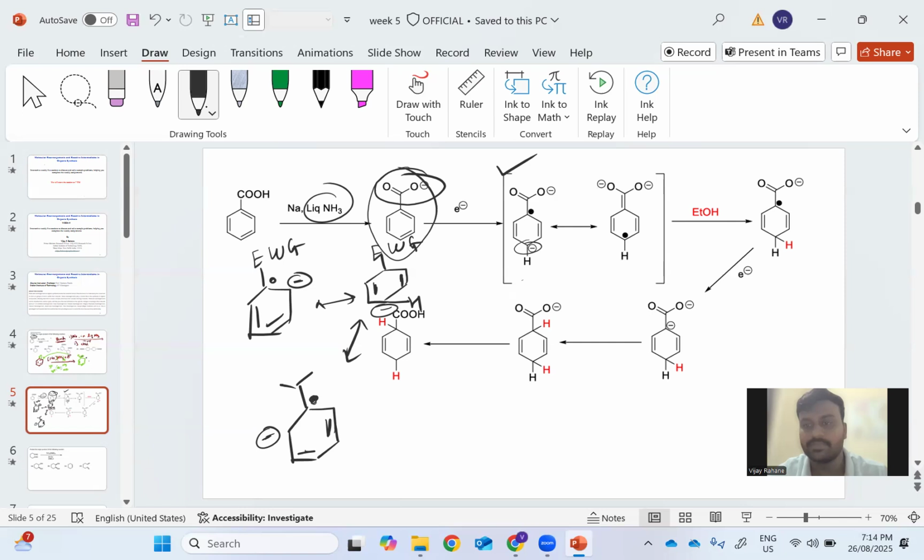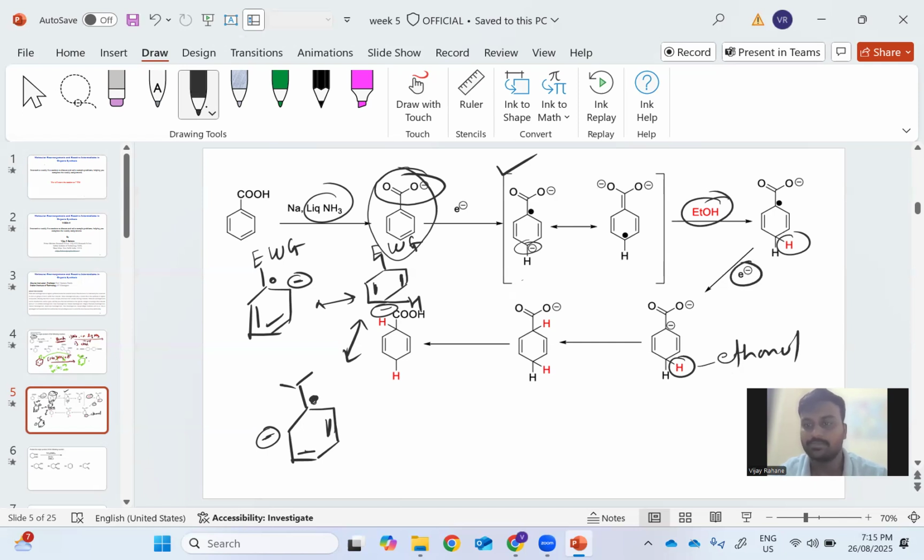And in this case, what happens when this species reacts with ethanol, which is a source of proton? The negatively charged carbon directly abstracts the proton from this ethanol, the new proton comes from the ethanol, and this will be an intermediate step.